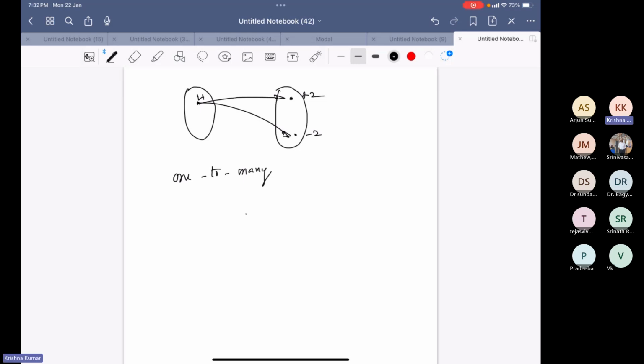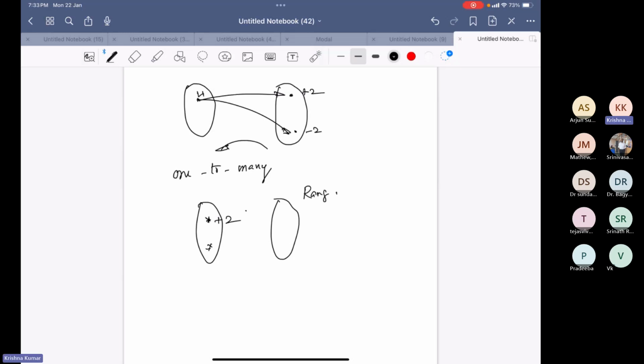So I can have another situation where I have my domain and range, and I have two values. For example, the square function. Now I'm going to put it the other way. This becomes now my domain, and that becomes my range.